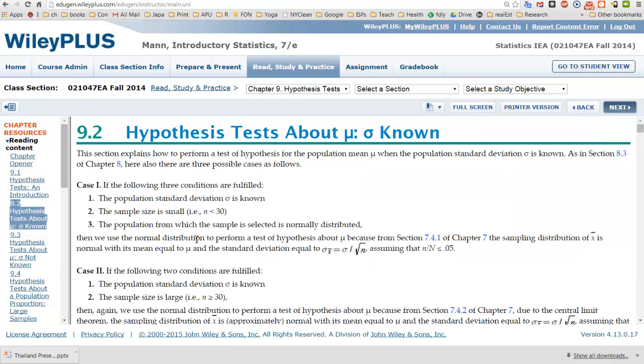And then here, this is section 9.2, we're going to go into the details about the actual numbers that would cause us to reject or not reject. Just like before, we have different cases depending on the size of the sample and different assumptions. So we use different tables. We use the normal table or the t-table depending on the assumptions and the size of the sample.